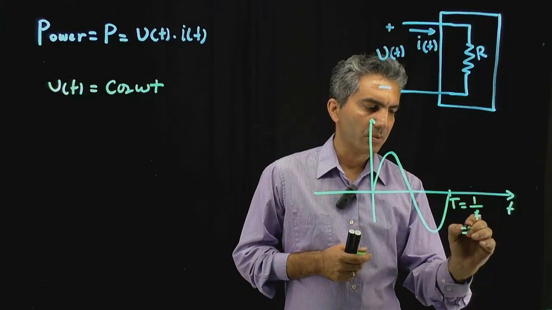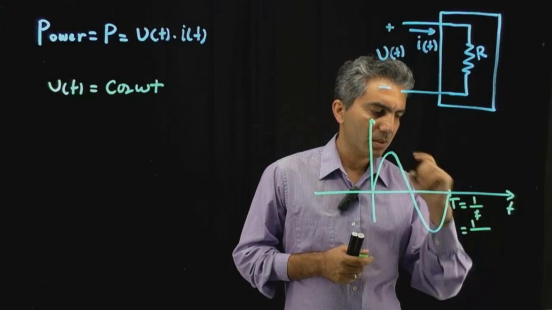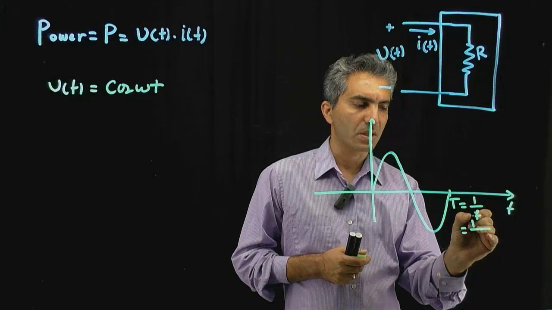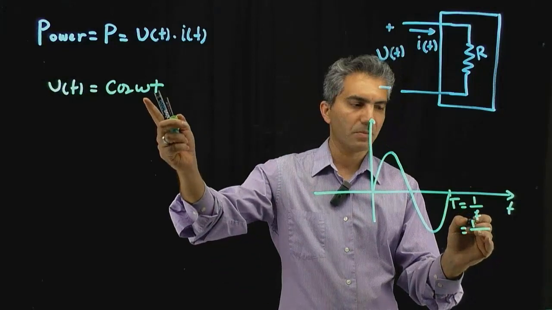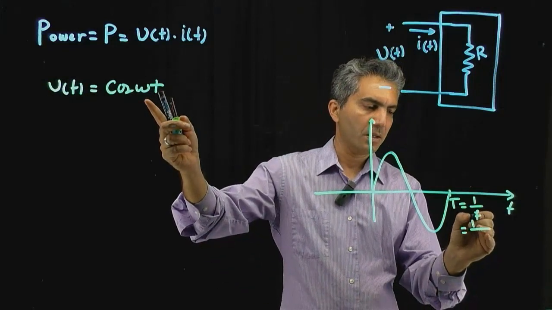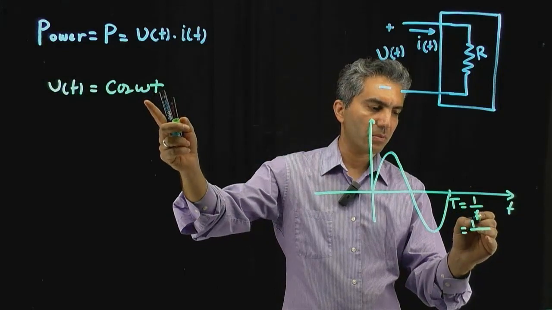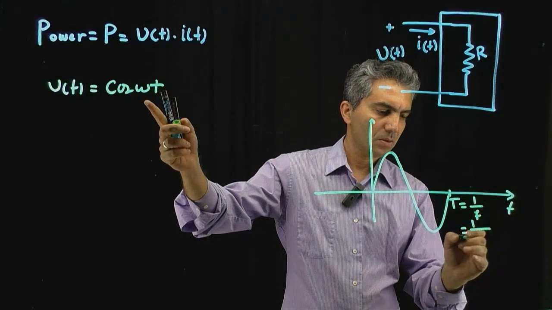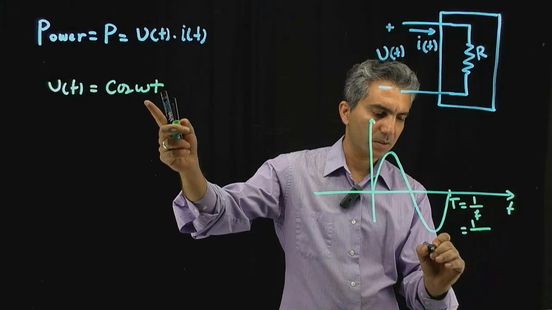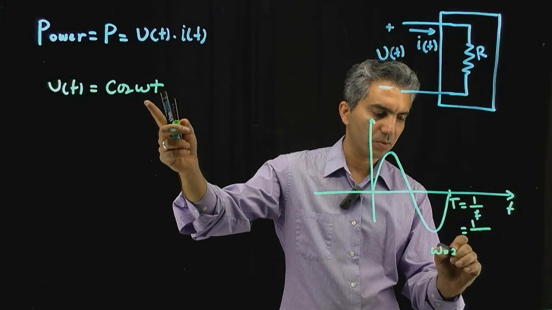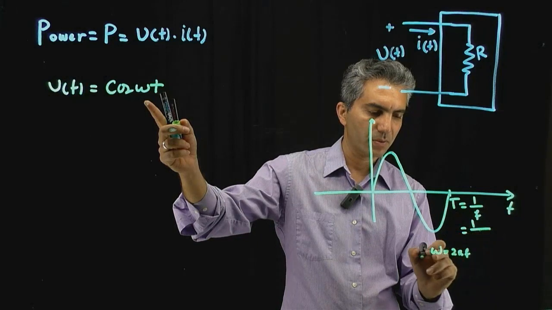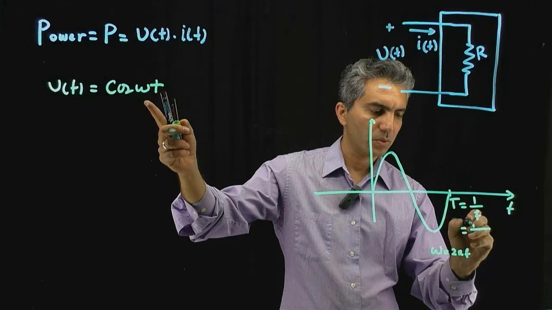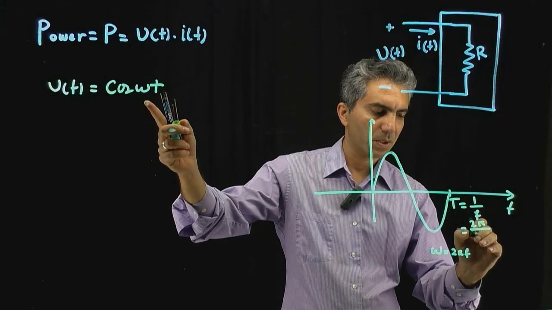And by now we know that 2 pi times frequency is omega. So if I want to write it in terms of omega, omega is 2 pi f, so frequency is omega divided by 2 pi, and the period would be 2 pi divided by omega.